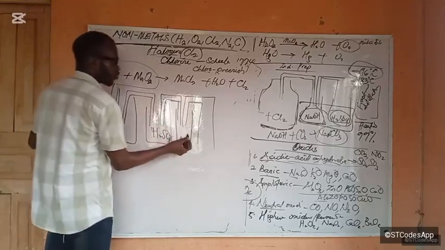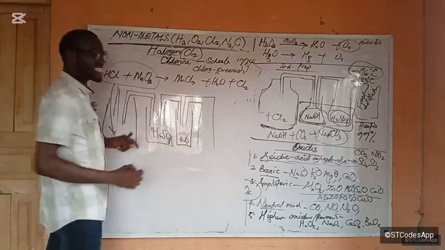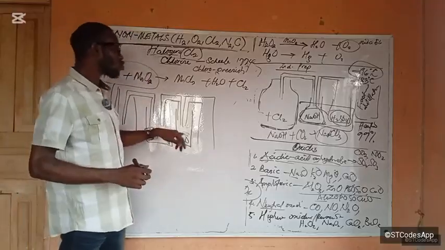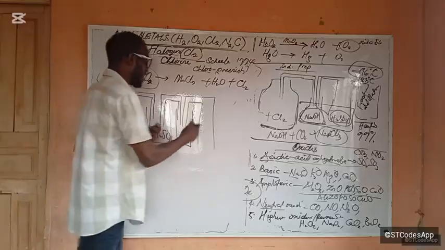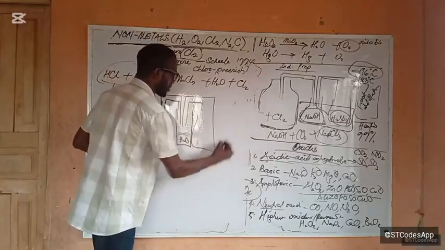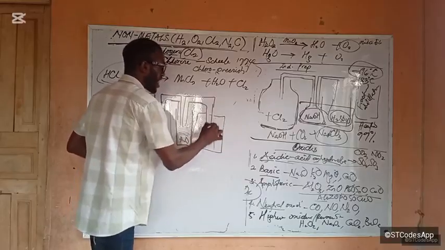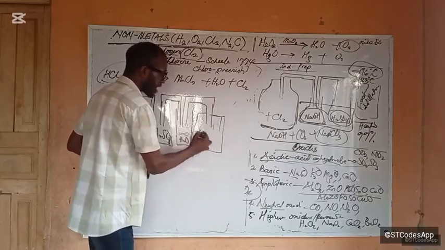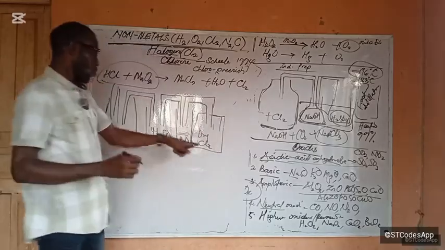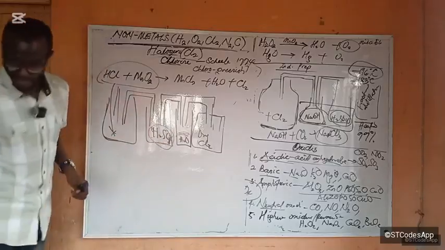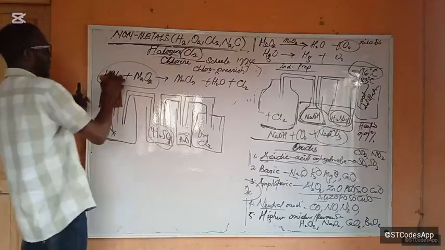So the HCl gas will be collected here because HCl is very soluble in water, so it will dissolve here. And what you have inside your gas jar is your dry Cl2. So we use this to dry chlorine gas. So that's what you need to know about that.